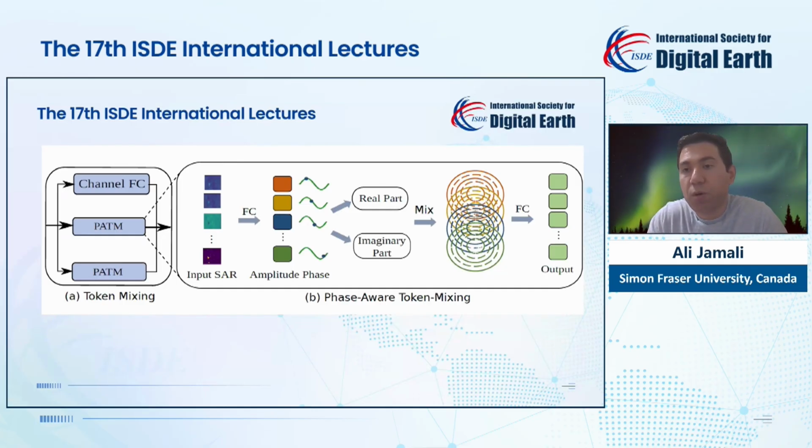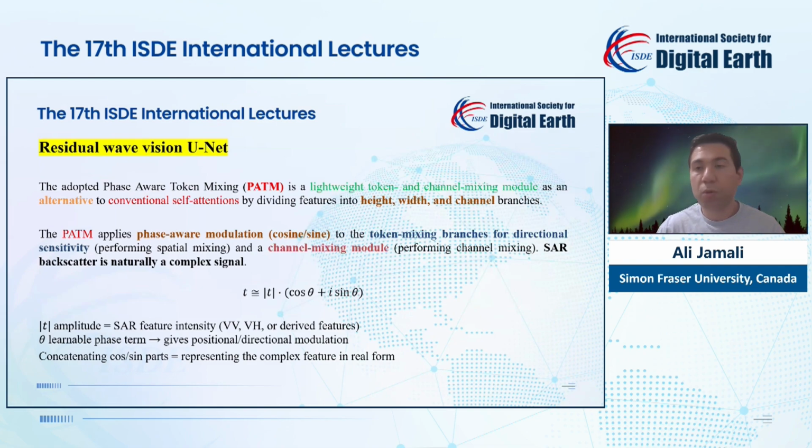We adopted phase-aware token mixing. It considers the physics of SAR data, so it treats the signals as complex values. You have the real part and the imaginary part. The real part from this phase-aware token mixing, I will show, is cosine, and the imaginary part is sine.